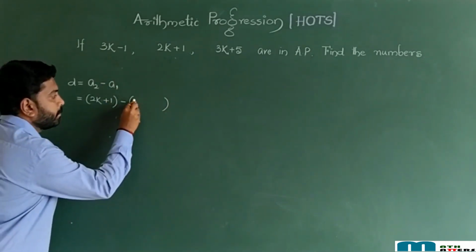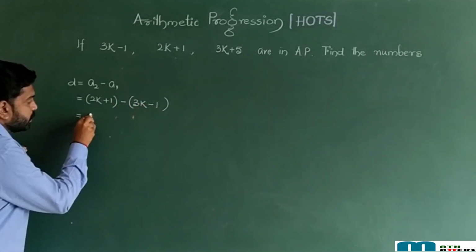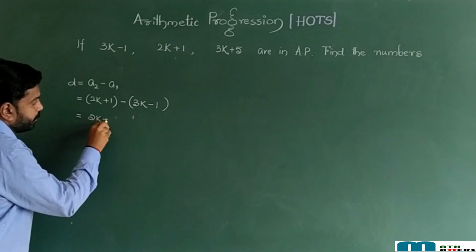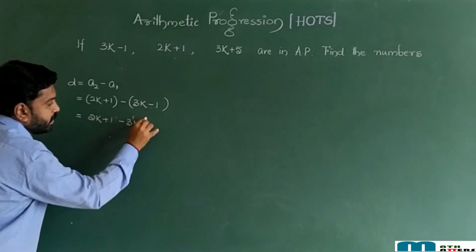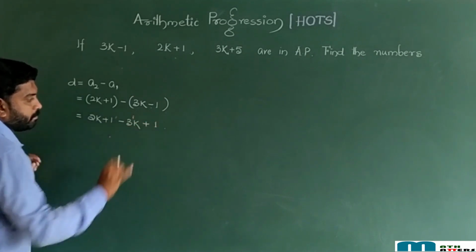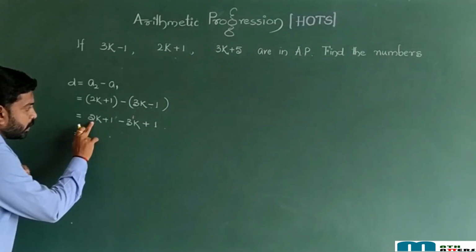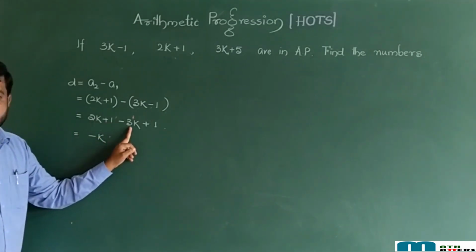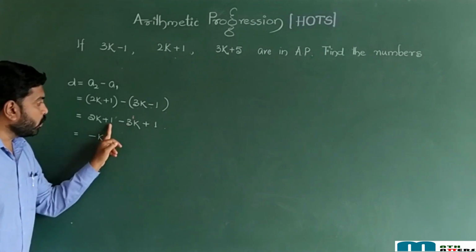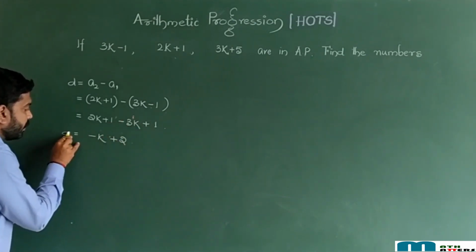A1 is 3k minus 1. This is 2k plus 1 minus 3k plus 1. Now I can simplify. 2k minus 3k is minus k because the bigger number's sign is negative, and 1 plus 1 is 2. Therefore, minus k plus 2. This is the common difference.